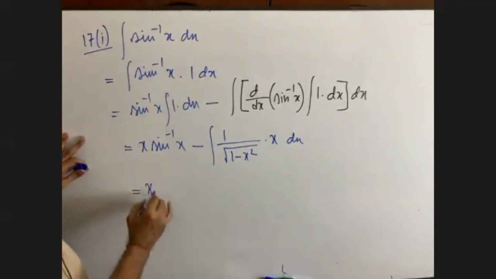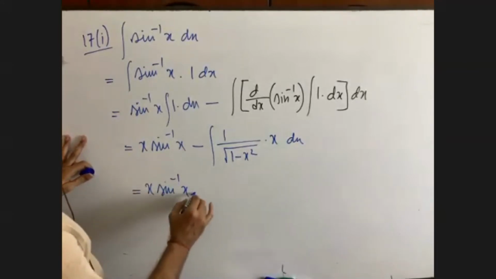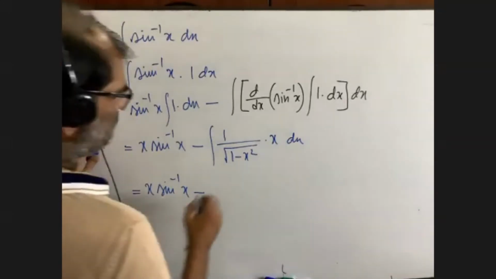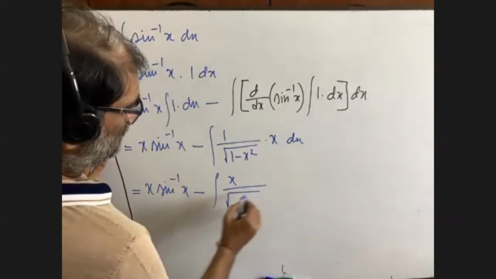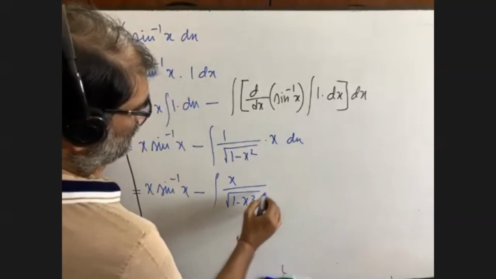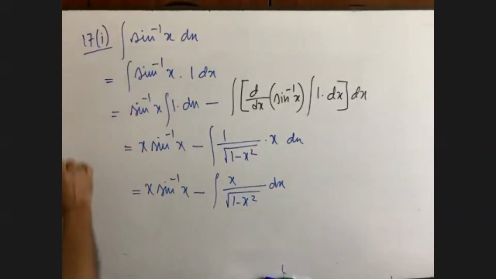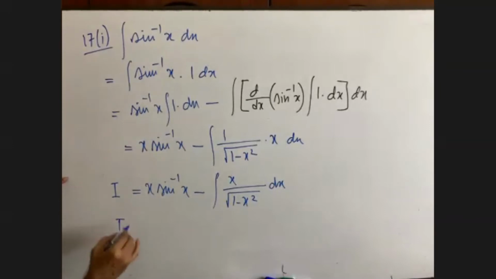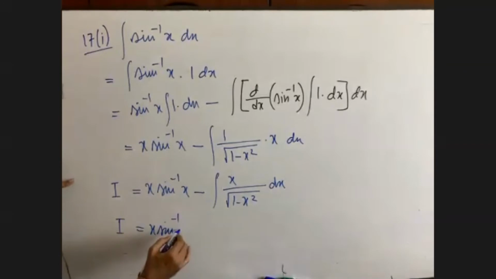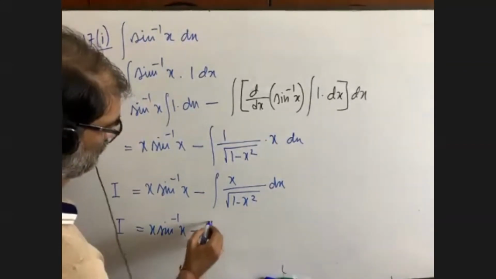Or x sine inverse x minus integration x by root over 1 minus x square dx. And it is obviously I. You see, I is equal to x sine inverse x minus I1. This is I1.